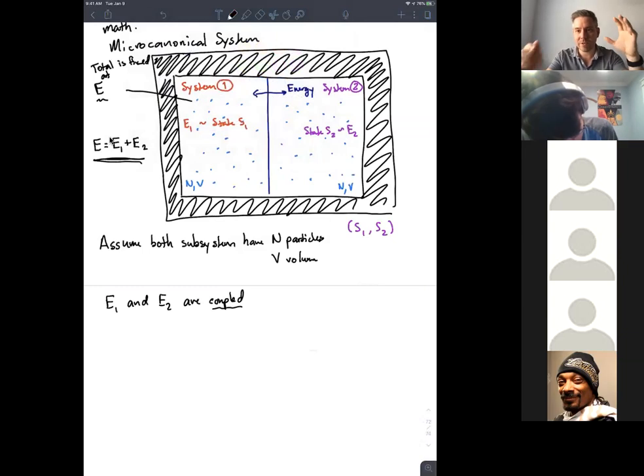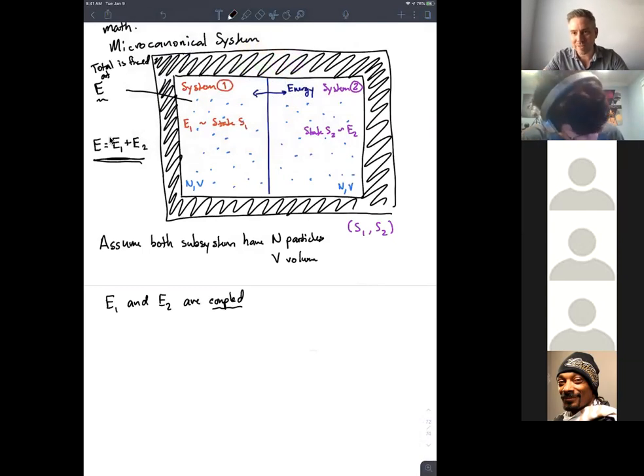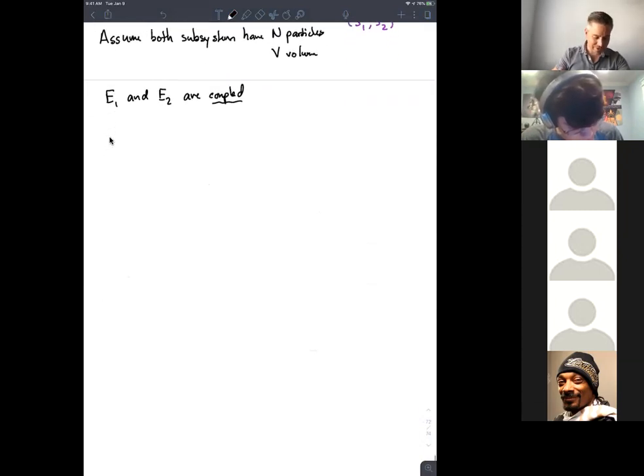In other words, if I specify the state of one of my subsystems, if I specify what S1 is, I automatically know what S2 is, because I know they have to add up to E, and hence I know what S2 has to be. Does that make sense?